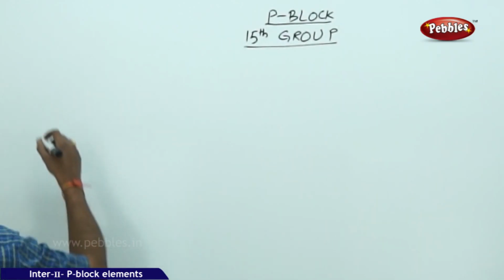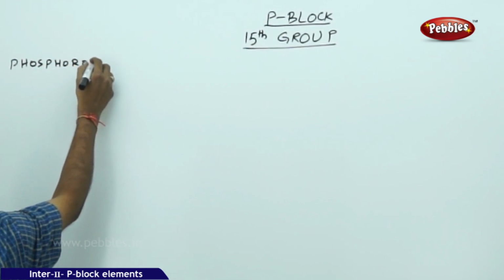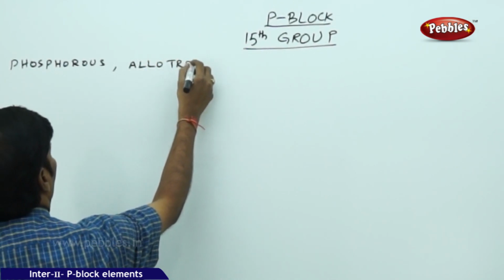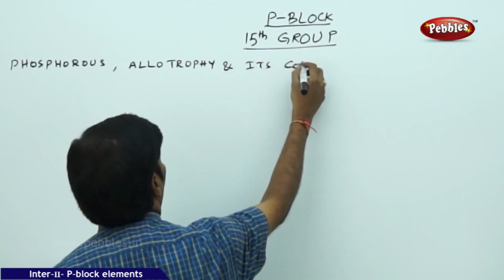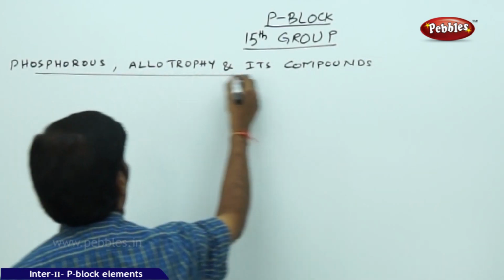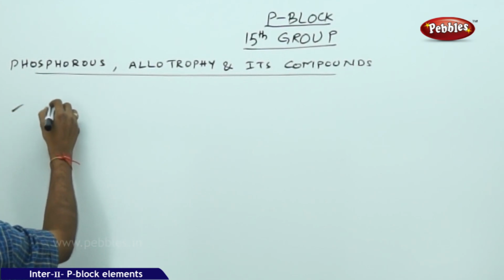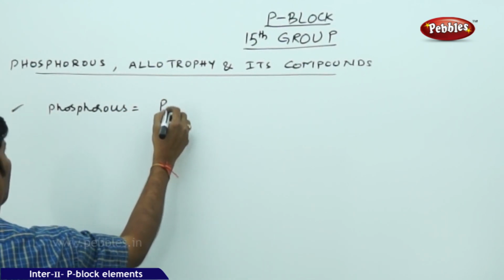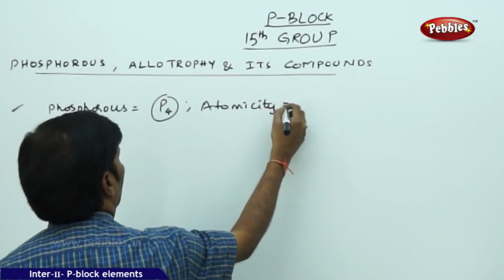So the next part of the discussion is phosphorus, its allotropy and its compounds. Usually, if you take white phosphorus, the symbol is P4, that means its atomicity is 4.